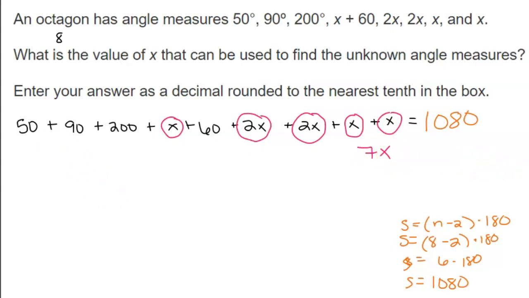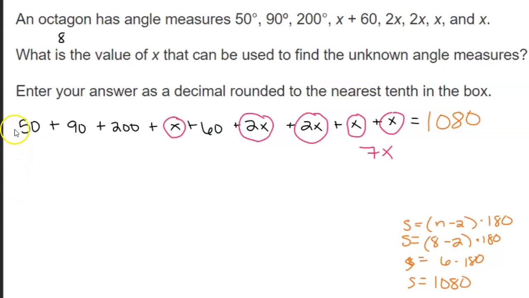Now look at the numbers that are constants, the ones that don't have x's. We have this number, this number, this number. Okay, I think that's all. All right, so now let's combine all these. We have 50 plus 90 plus 200 plus 60, which is 400.